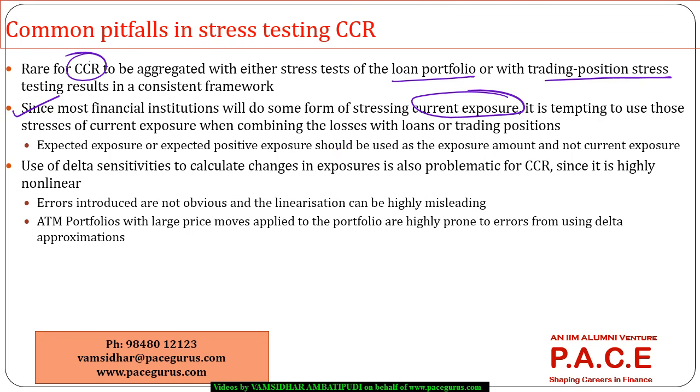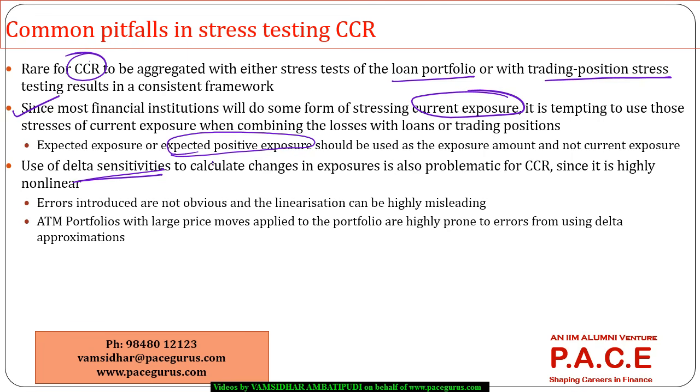But one thing we have to understand: for exposure, it's better that I use expected positive exposure, not the current exposure. Right? For computing the CCR, I should use the expected positive exposure, which comes from the future time periods and is the weighted average of the expected exposure at the future time periods. So that's one common pitfall.